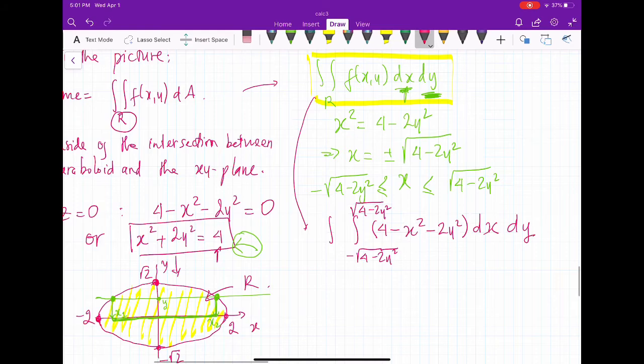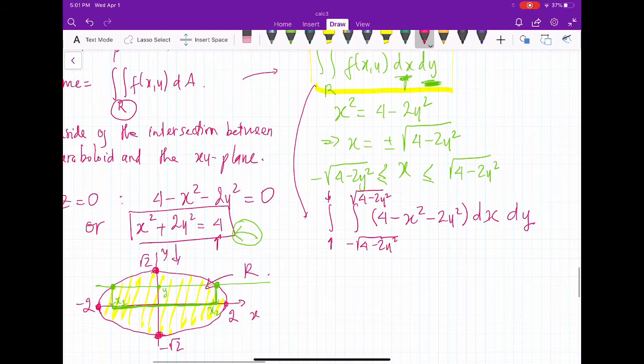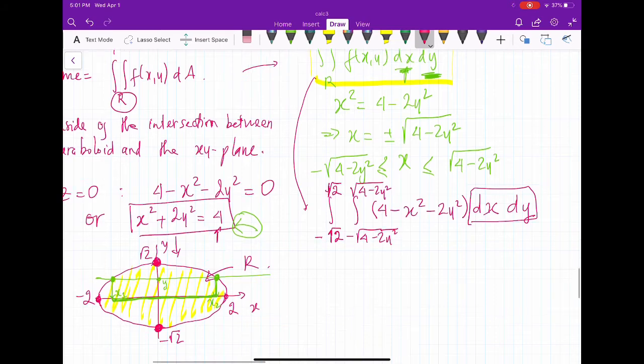And outside is dy. But we still need to find the integration limits for y. They are here, because we fix y, right? Y goes from negative square root of 2 to square root of 2. So that is one iterated integral, if we integrate in this order. Make sense? Okay, let's write the second one when we change the order, okay?